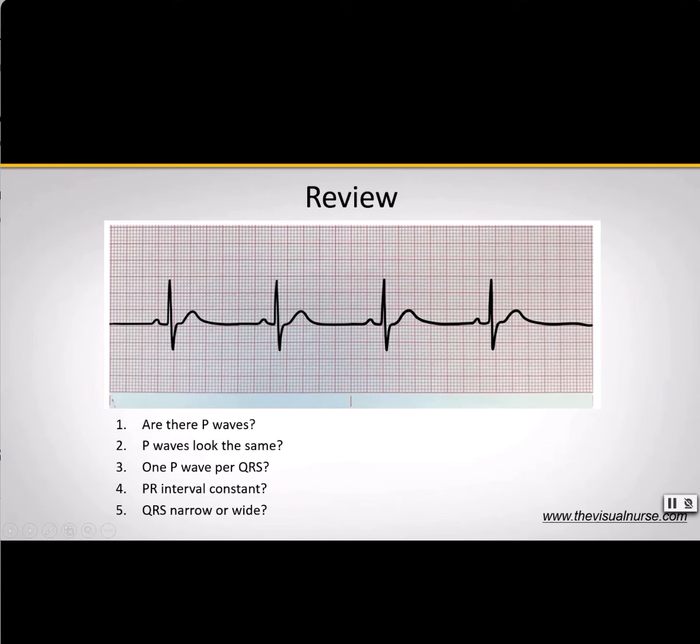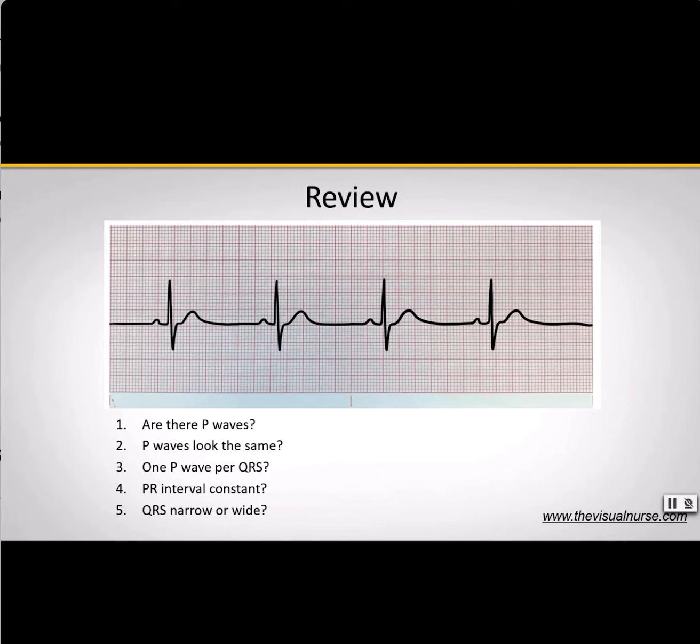We can go ahead and take a look at the PR interval here. The PR interval is roughly one big box, so we'll say 0.2 seconds. P waves are all upright. What else can we talk about with this rhythm? RP and Q times 2 stat.